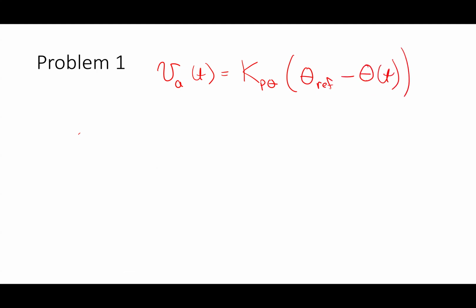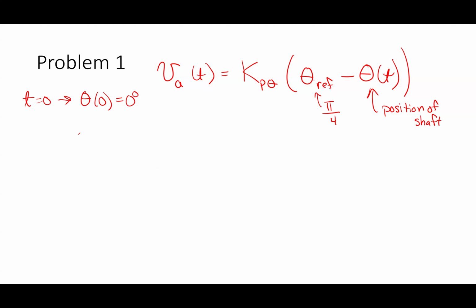If I'm looking at the motor, this is the position of the rotor over time, or the position of the shaft, whatever you want to call it. This is my desired value. I said that I want this thing to move to pi over 4 radians. So at t equal to 0, I might have theta sitting at 0 degrees, and I want it to move to 45 degrees eventually.